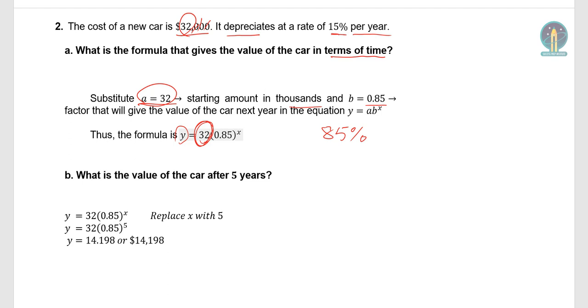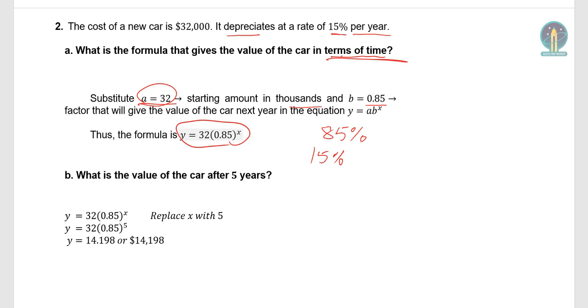You're losing 15% of the price every year, so what's remaining is 85% of the initial price, which is 32,000. So here we have y equals 32 times 0.85, which is 85% converted to a decimal, to the x power. So this is the equation that gives the value of the car in terms of time.